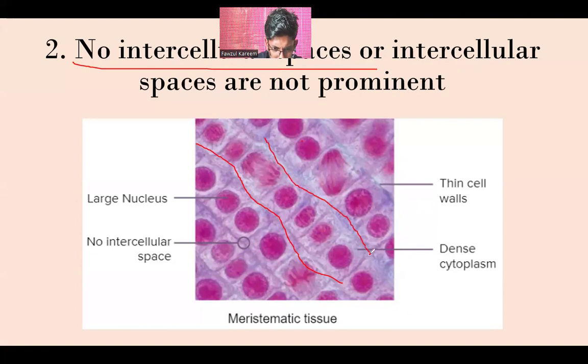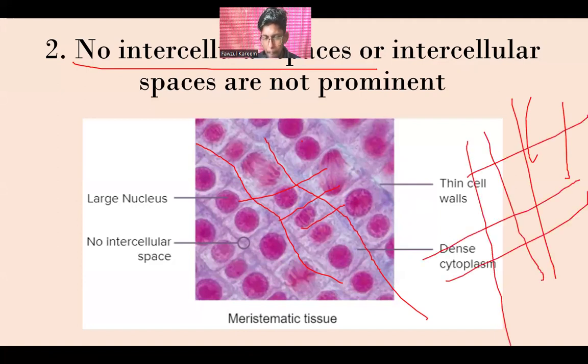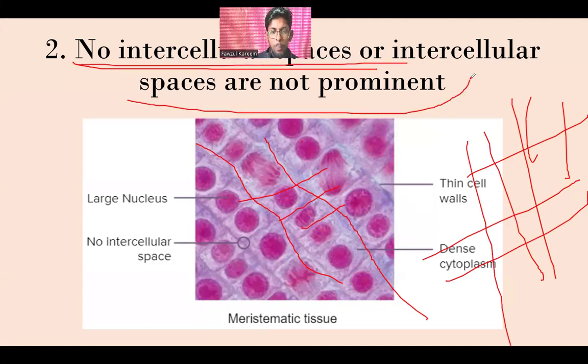These cells are fully packed and arranged like this. So there are no gaps between the cells. Intercellular spaces are not prominent, which means they are not large. Mostly we can't see these intercellular spaces.